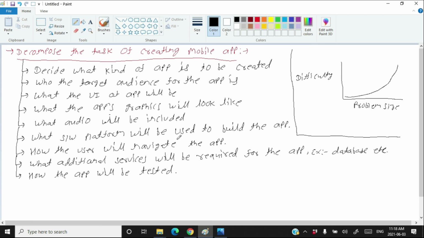But the same thing happens if you create a big code. If you have to create a big code of 10,000 lines, you may create 50 codes of 200 lines each, and then these 50 codes will work together to solve the big problem for which you had to create 10,000 lines of code. This is the decomposition of problem.